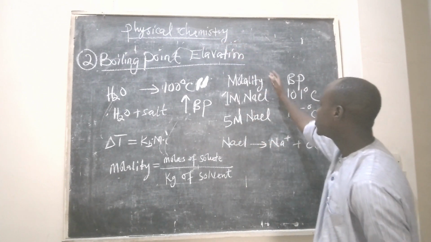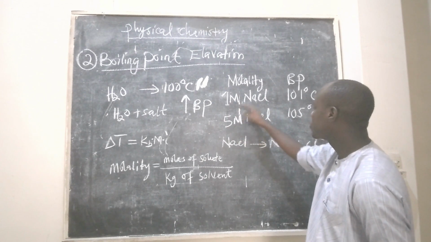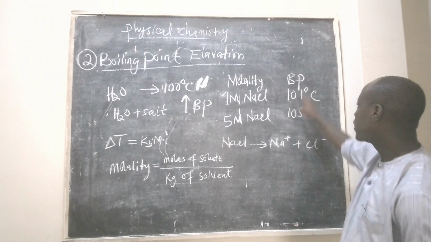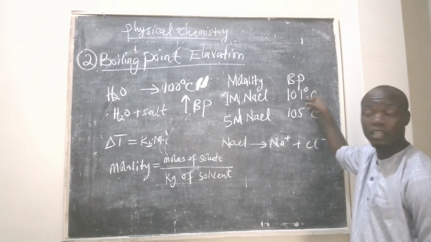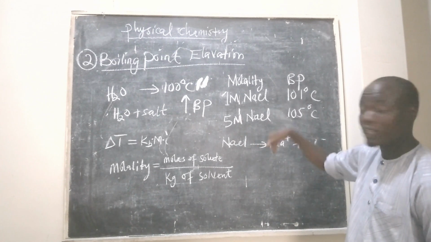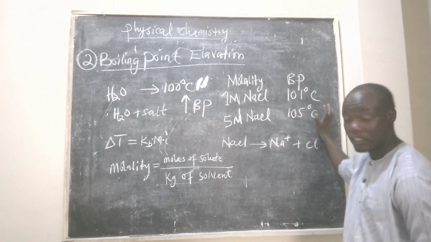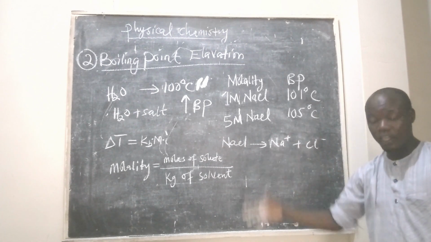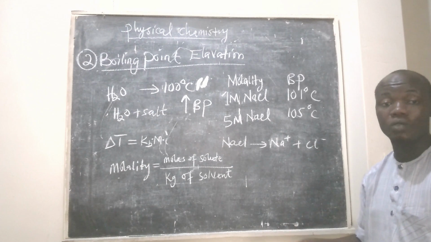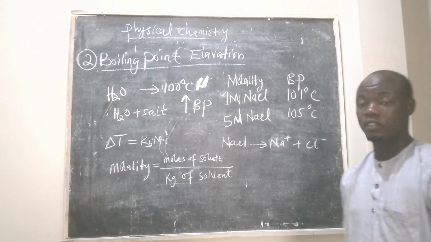Here we show an example: when you have 1 molar sodium chloride and add it to pure water, the boiling point will be increased by 1 degree centigrade. And if you have 5 molar sodium chloride and add it to the water, then it increases to 105 degrees centigrade. So this is just a typical example of how the boiling point elevation increases with an increase in the number of solute particles.